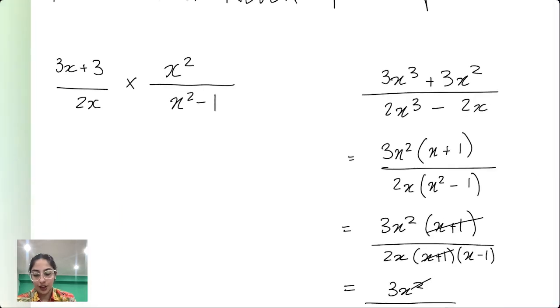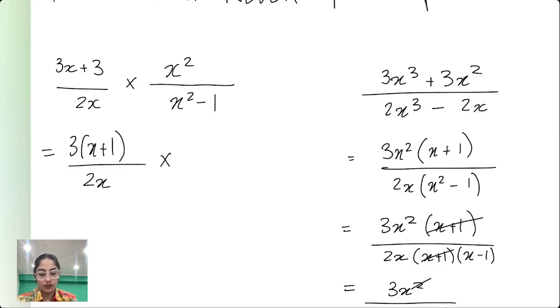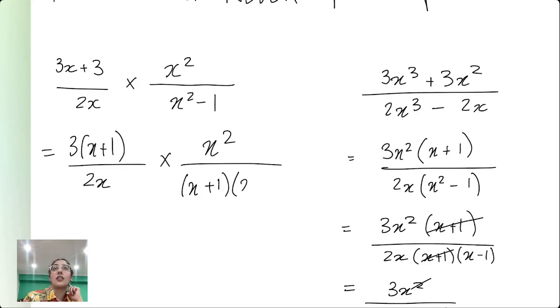So I know I can factorize 3 out of the top, and then out of the denominator, there's nothing I can factorize. Then out of the denominator here, I can do x plus 1, x minus 1. That's why I said at the start of the lesson, it is really important that you guys are really strong with your factorization, just so you can write it down like this, okay?